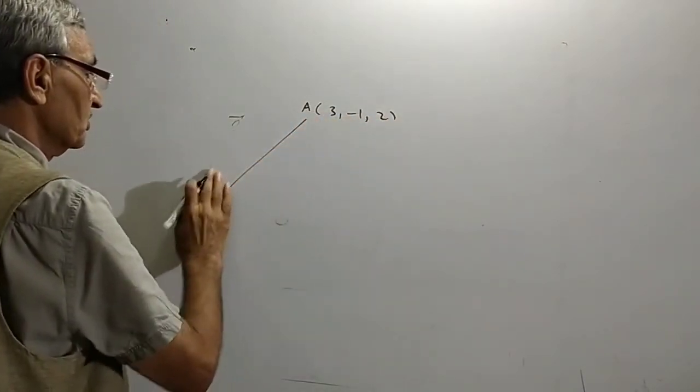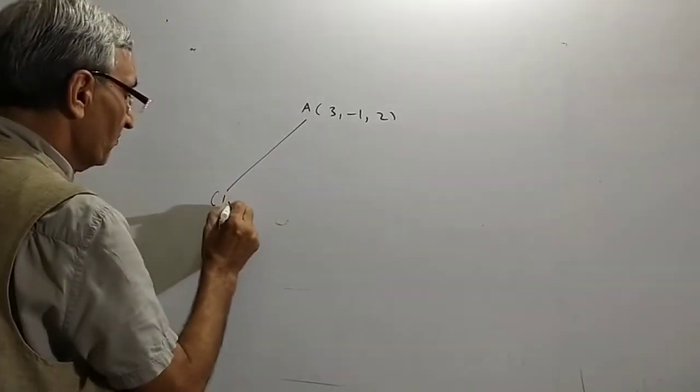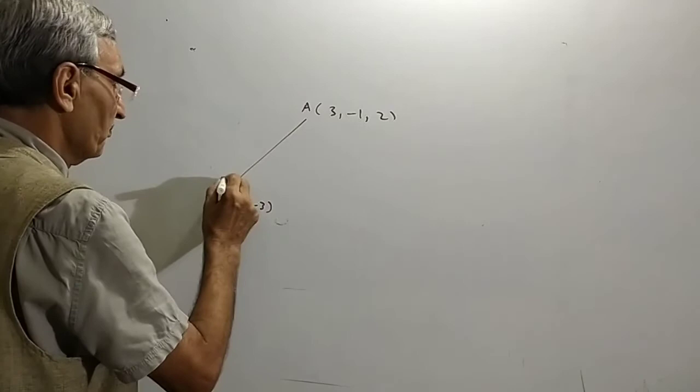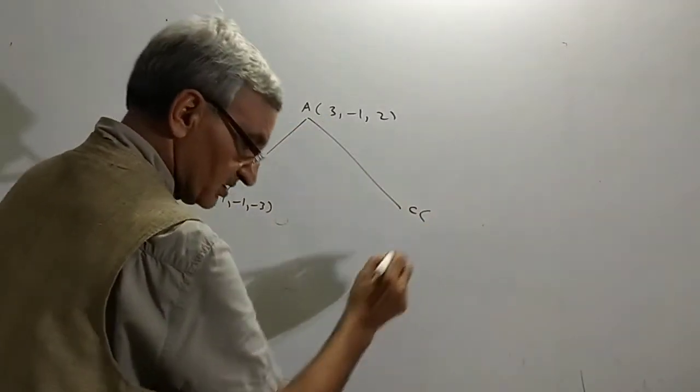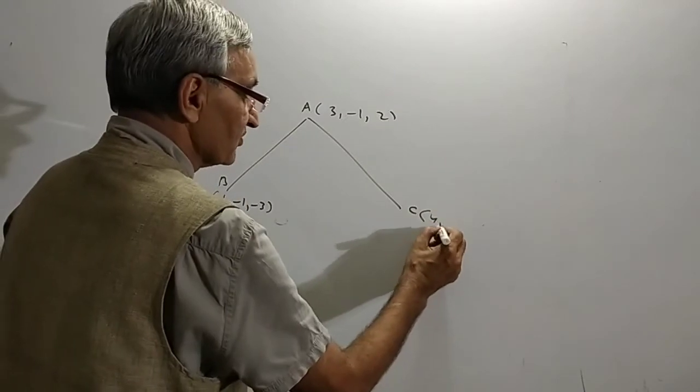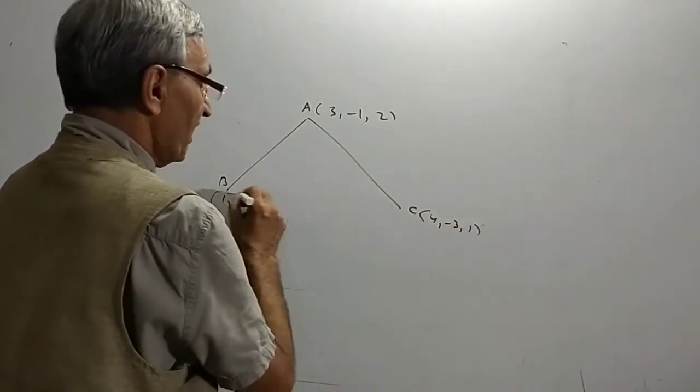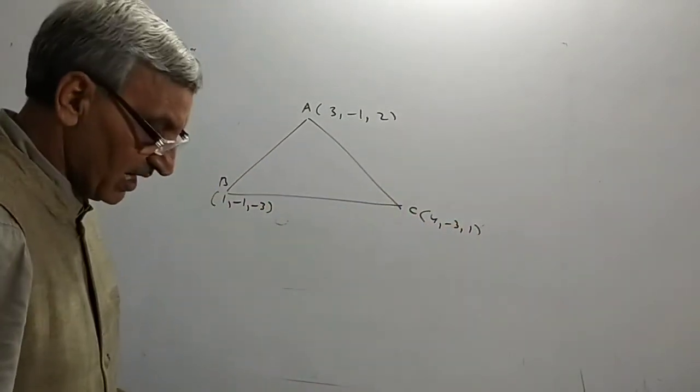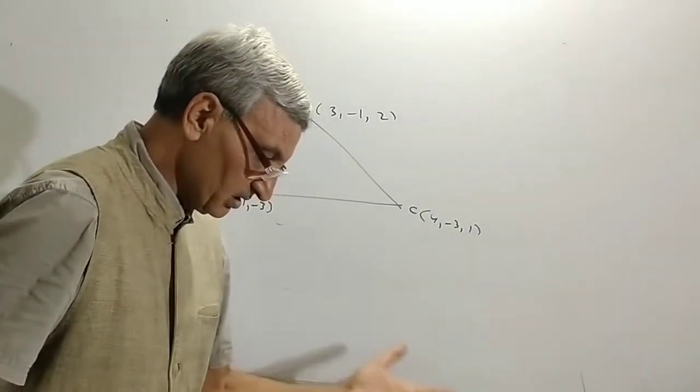This came in 2010. The second one is 1, minus 1, minus 3, and another point C is given as 4, minus 3, minus 1. He says find the area of the triangle.